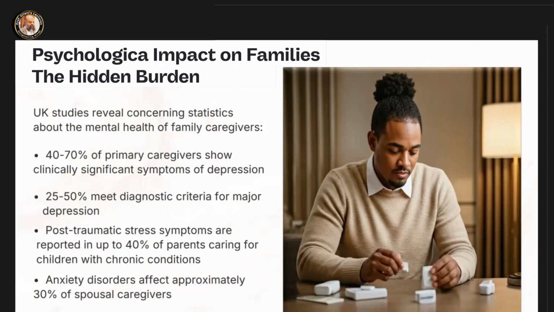Anxiety disorders affect approximately 30% of spousal caregivers. So nursing intervention is required, which is family-based nursing, addressing these challenges.